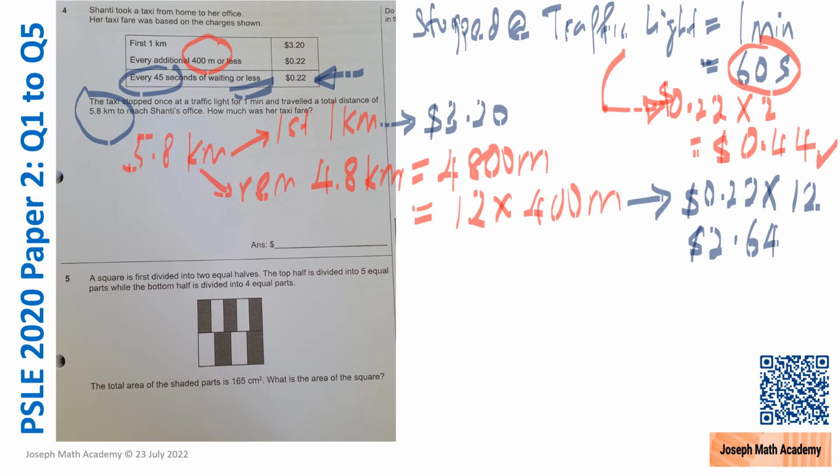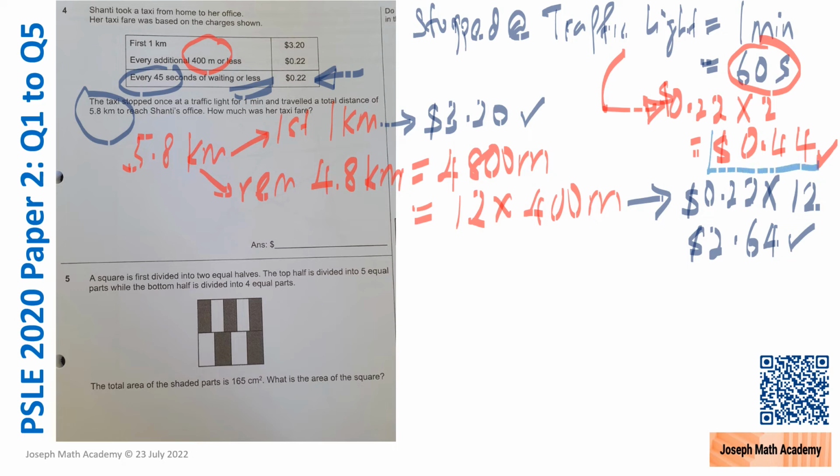Another 400 meters, another 22 cents. Since one set of 400 meters is 22 cents, 12 sets will be 22 cents times 12. That is $2.64. Okay, so this one is still chargeable. So the chargeable values are as follows.